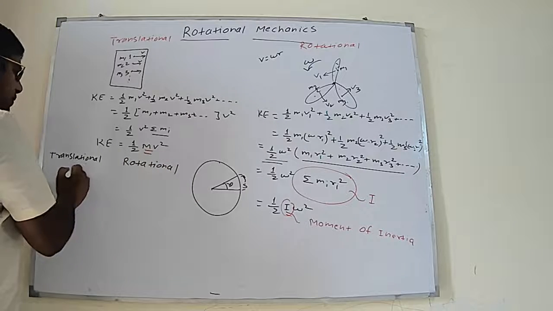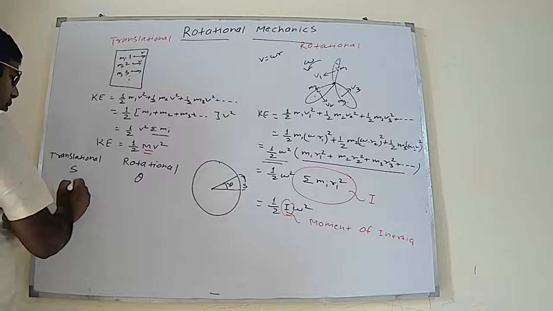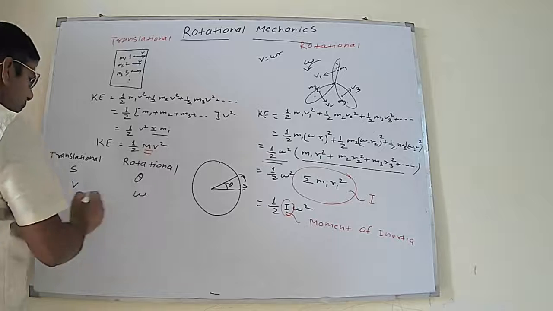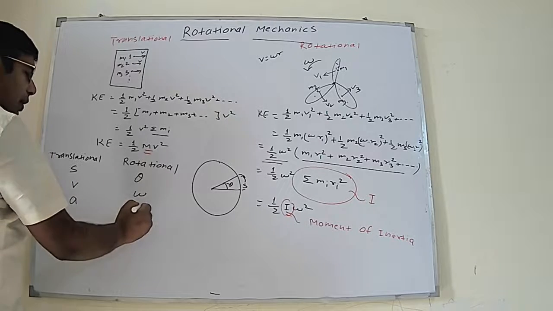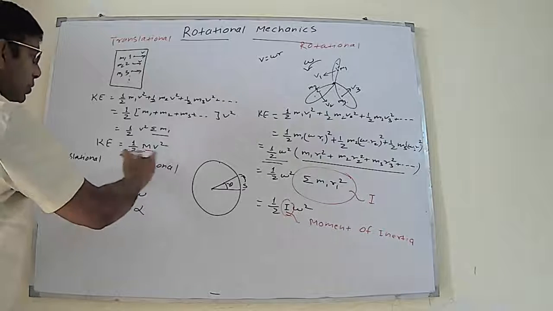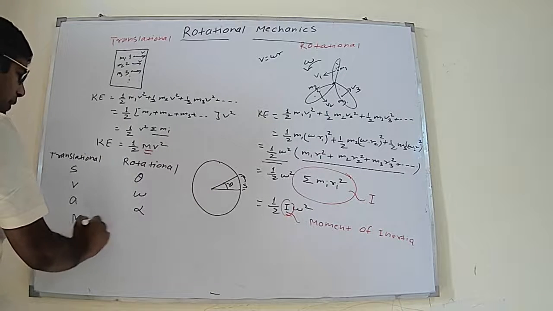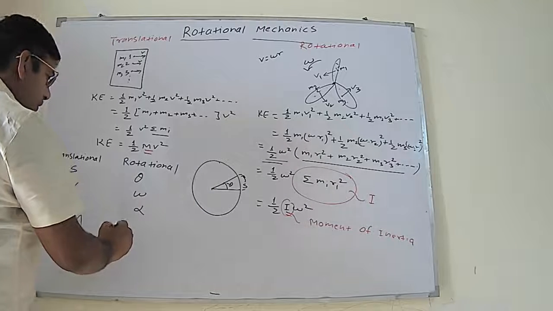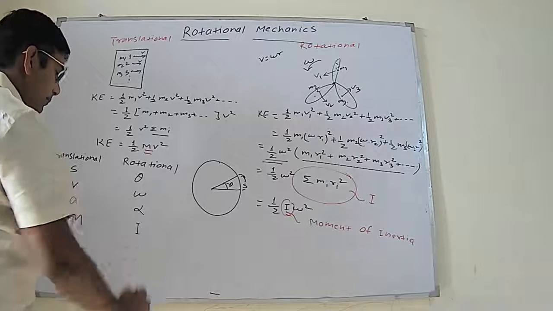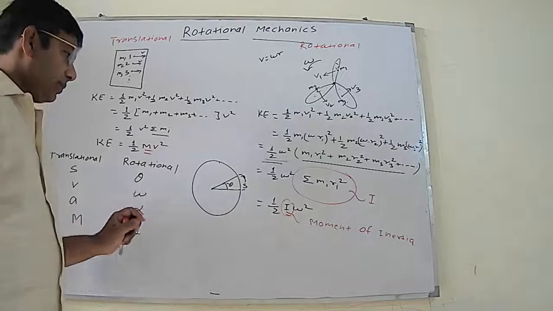Here it's s, here it is theta; here it's v, here it's omega; here it's a, here it's alpha. Then here we have one new term we have defined: here it's mass m, and here the inertia term is I.